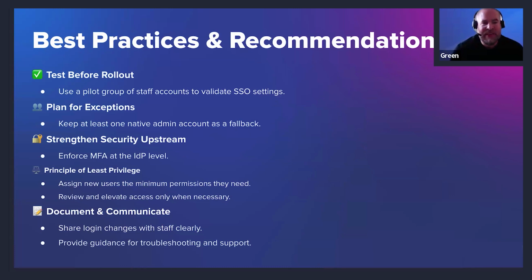So before I move into the demo, just want to give some tips on how you might want to roll out single sign-on in Connect. First, hopefully you've all got UAT accounts, I would start at the UAT account for a small pilot group, just so you can validate that the single sign-on settings are working.